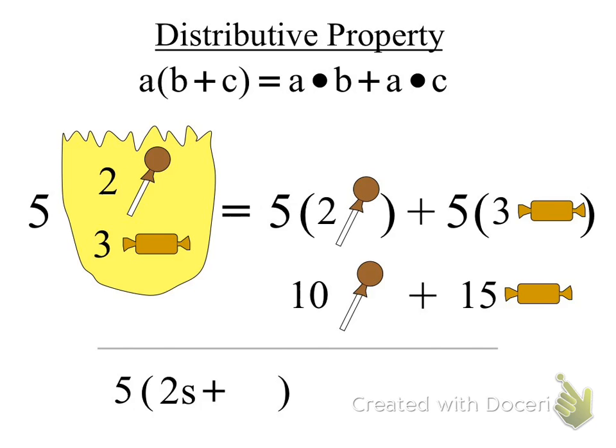T. Now we're going to do the same thing. 5 times 2 suckers is 10 suckers. And 5 times 3 Tootsies is? 15 Tootsies. Now, can I put that 10S and that 15T together? Can I make that 25? No, because it's 10 suckers and 15 Tootsies. Questions?